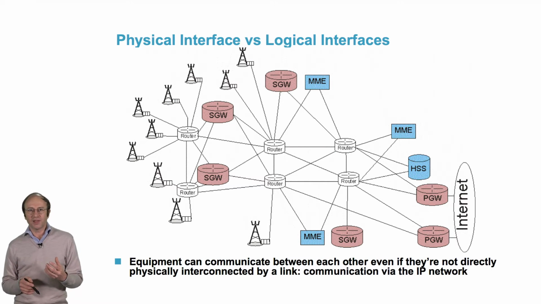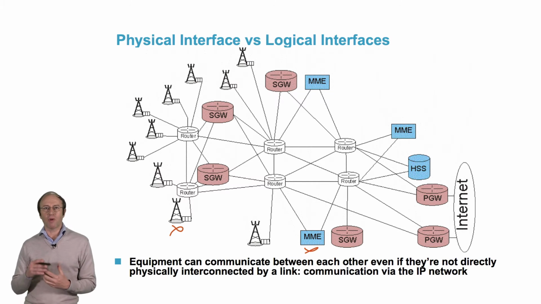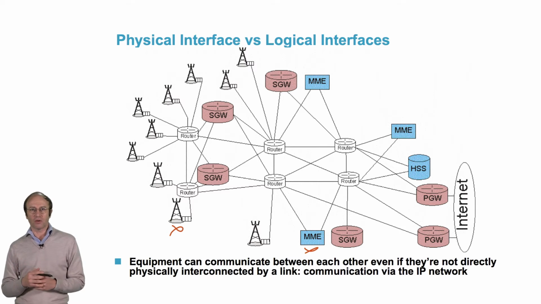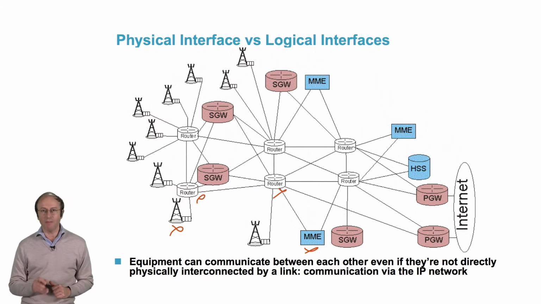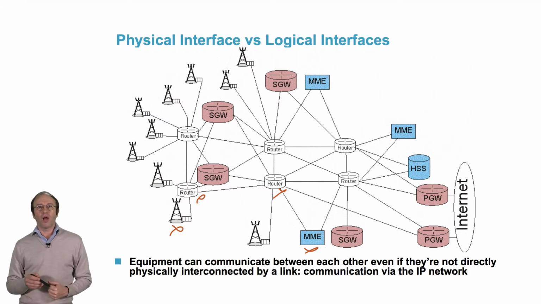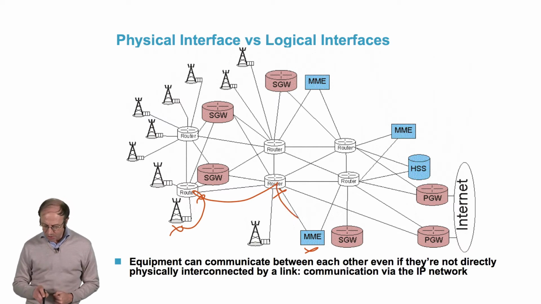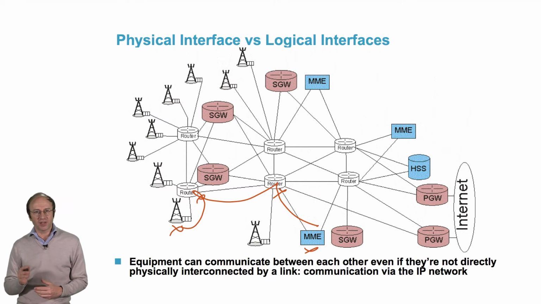The pieces of equipment communicate even if they are not directly linked to each other from the moment there are routers between them. This is the principle of the IP protocol, which is going to take care of retransmissions by successive hops.